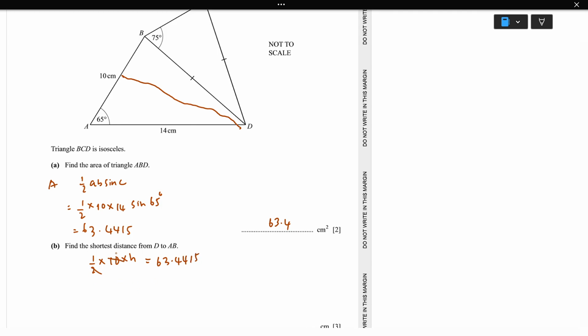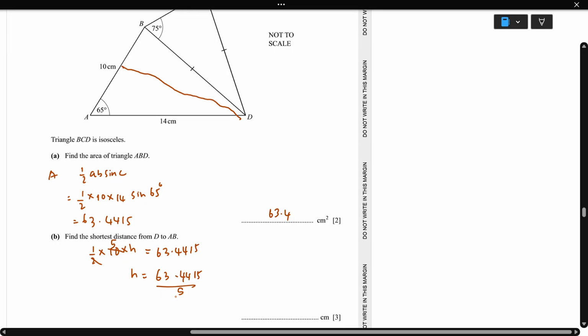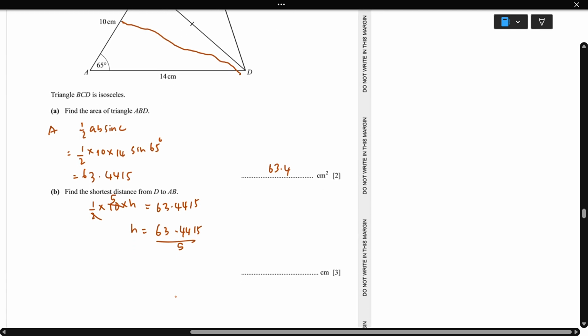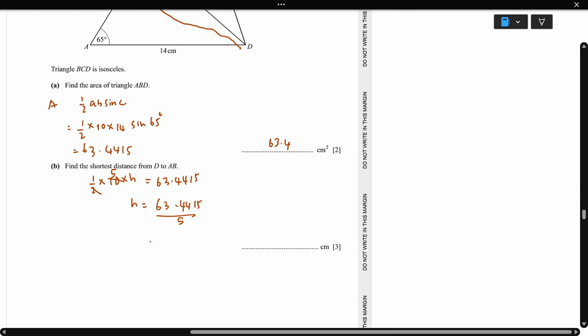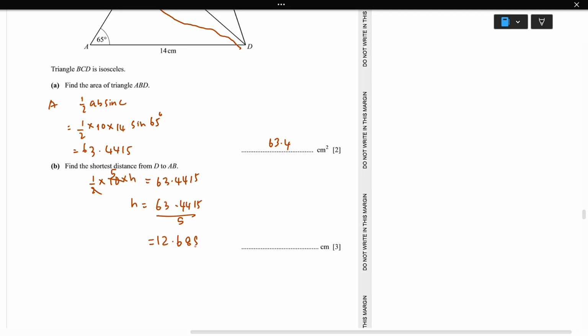So half of 10 is going to be 5 here. So h equal to 63.4415 over 5, which is 12.688. So for three significant figures we can write 12.7.